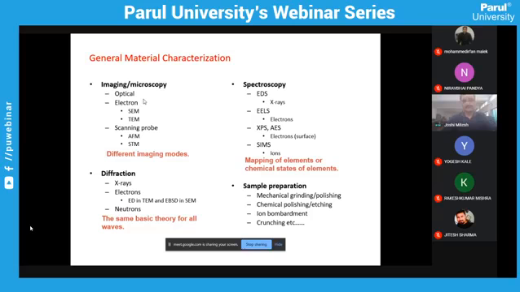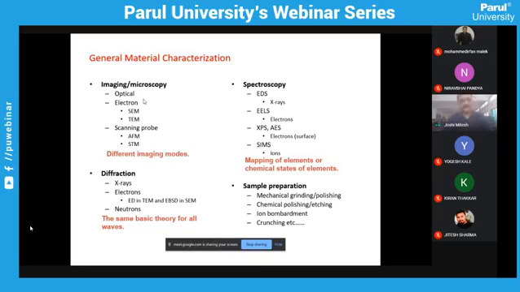So this is general material characterization. As I said, material characterization is of two kinds: physical characterization and chemical characterization. In a physical characterization, you need to identify the material physically.